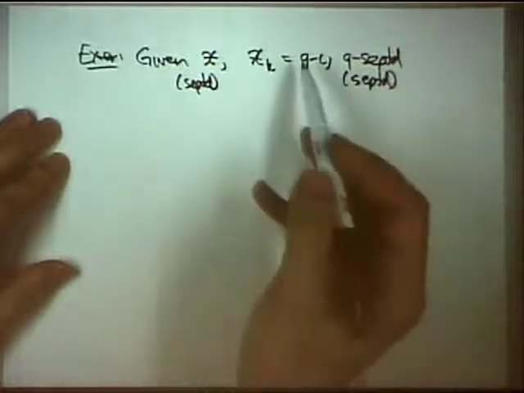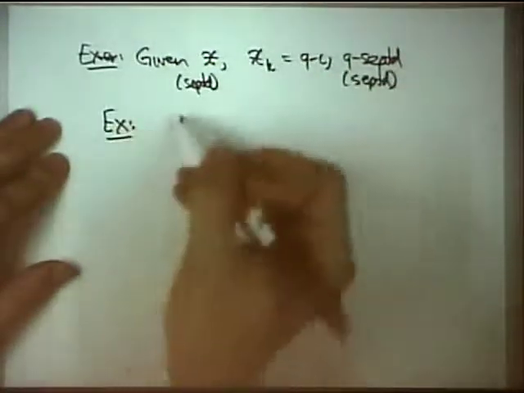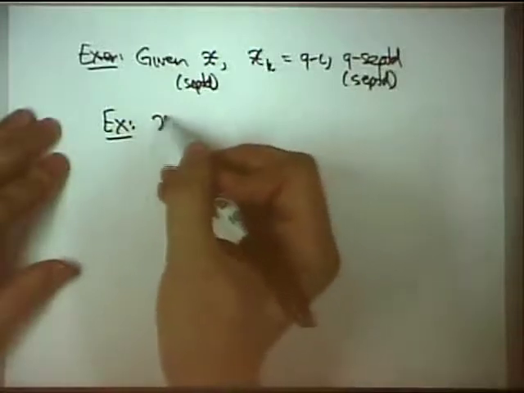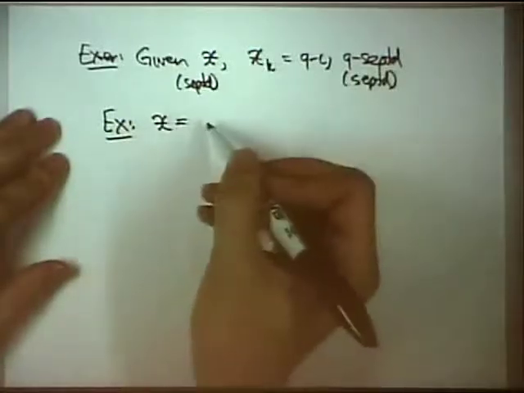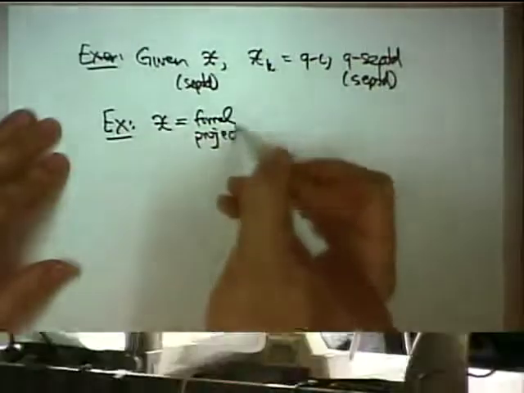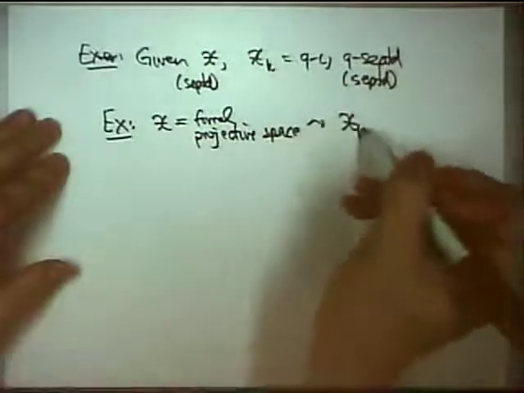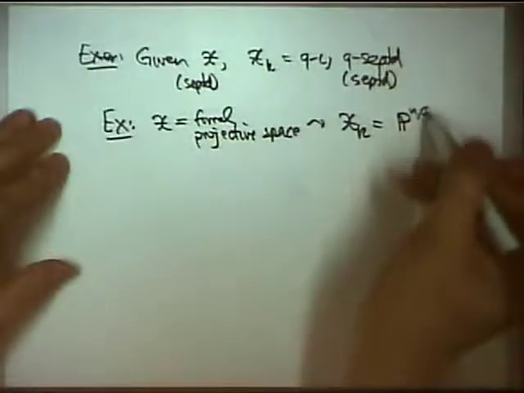Okay? So there are some properties that these have to satisfy. For example, if you take X to be, well, I'll just say formal projective space, whatever that means, projective n-space, then the generic fiber is in fact this.